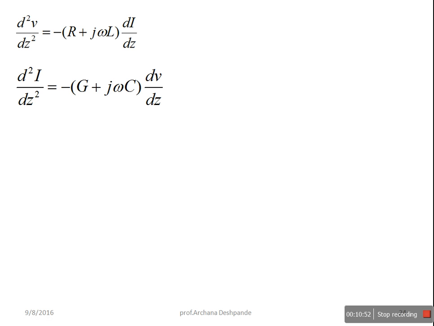Let's go further. Now I'm going to differentiate the previous equations on both sides. So I get d square V by dz square is equal to minus (r plus j omega L), being constant, times dI by dz, and the second equation is differentiated similarly.